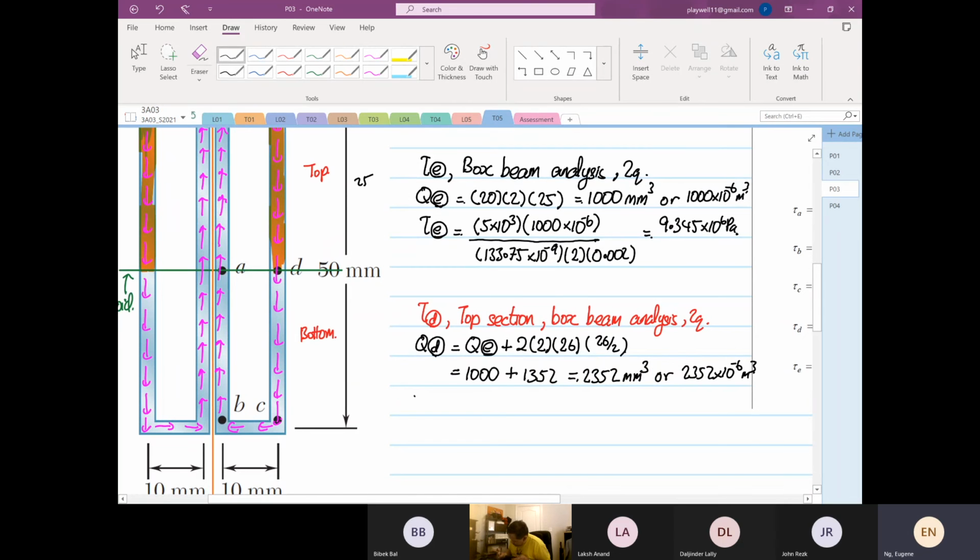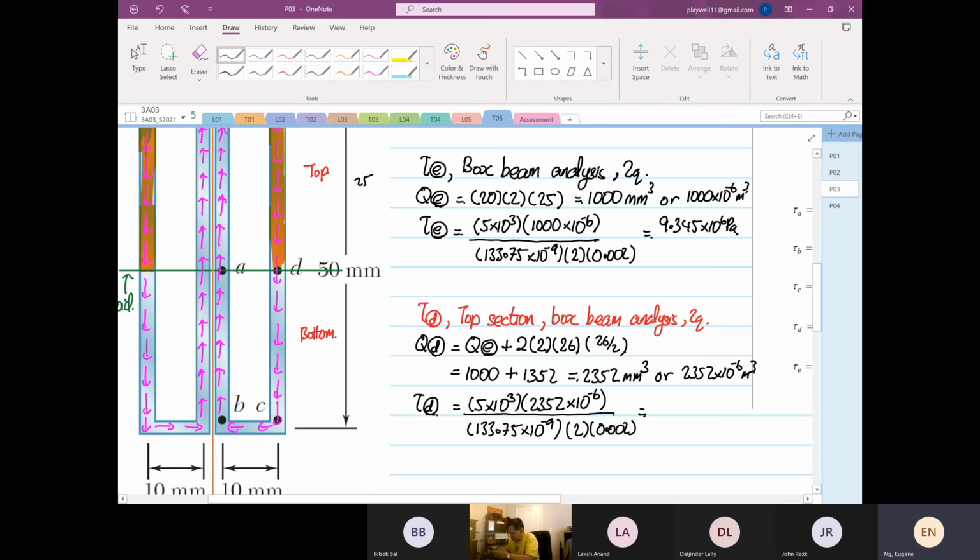So the shear stress at point D will be equal to 5 times 10 to the power 3 times 2352 times 10 to the power minus 6, divided by 133.75 times 10 to the power minus 9, and then divided by twice, because 2Q, 0.002.